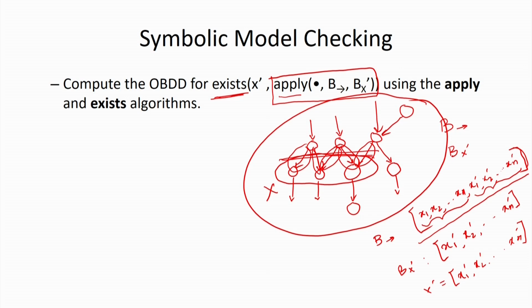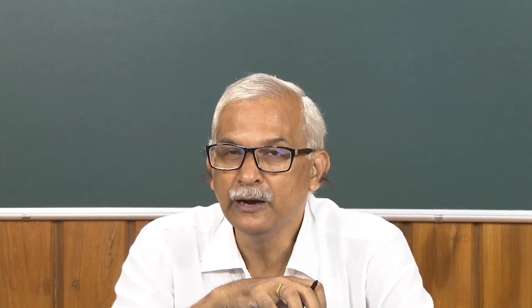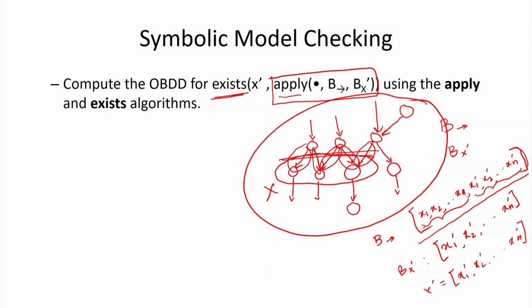That means, we are trying to relax the constraint on those particular variables x prime. So, when we relax the constraint on the x prime, then the resultant BDD is going to have the variables only x 1 to x n.